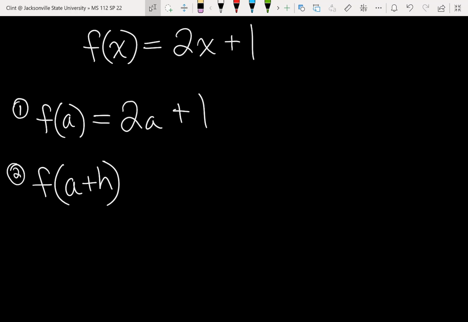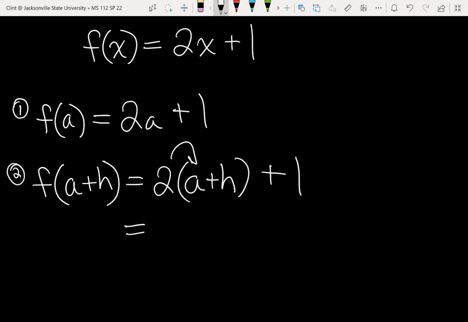We want to find f of a plus h. So all that means is we can put parentheses where the x was, and then instead of x we put in a plus h. And on this one we are going to want to simplify. So that means we'll distribute this 2 and then combine any like terms we have. So we'll get 2a plus 2h plus 1. Nothing else we can do with that.